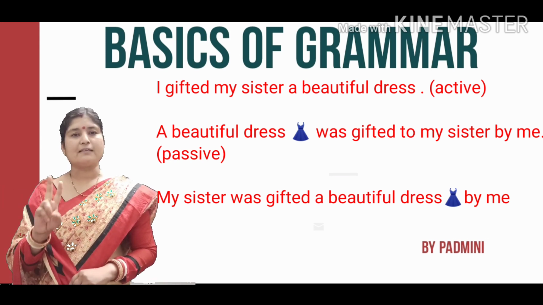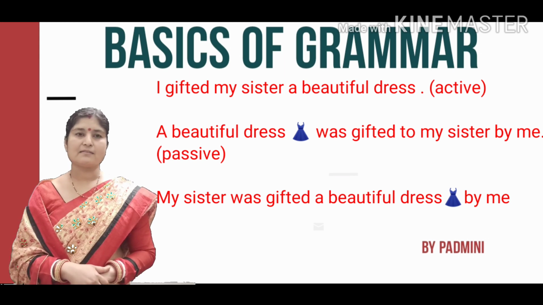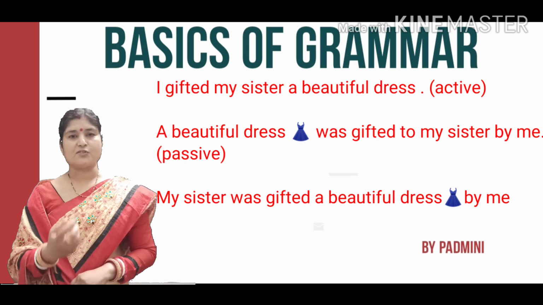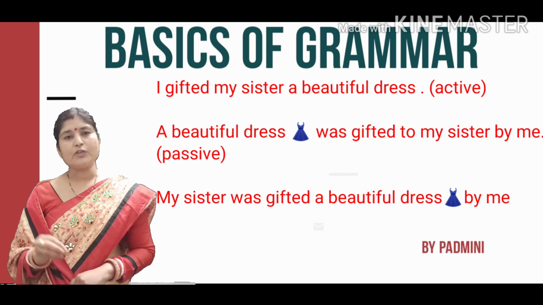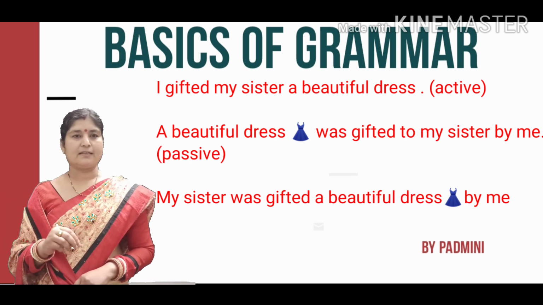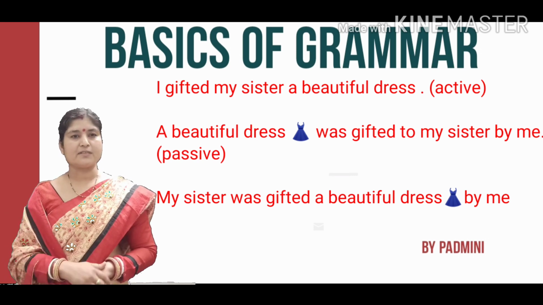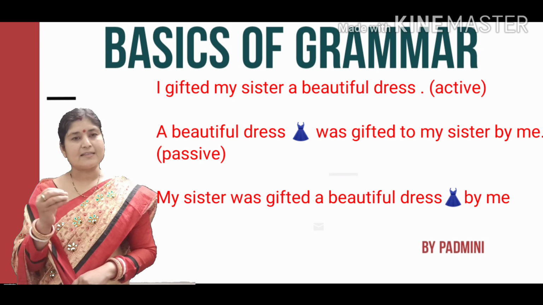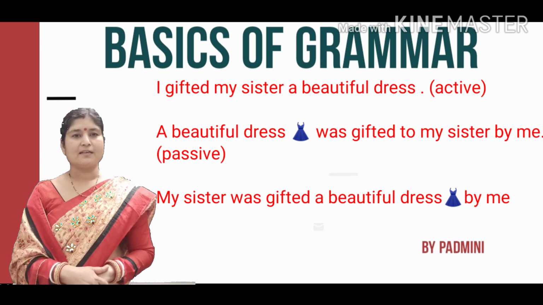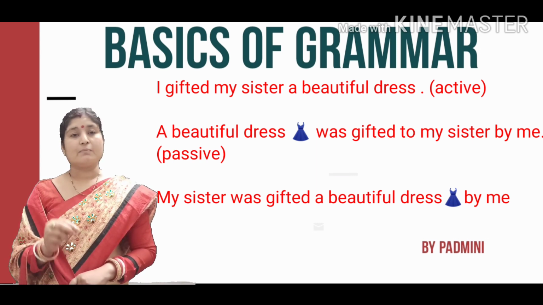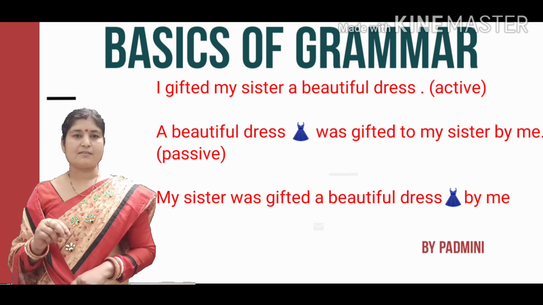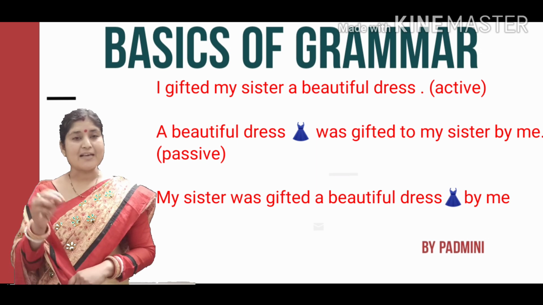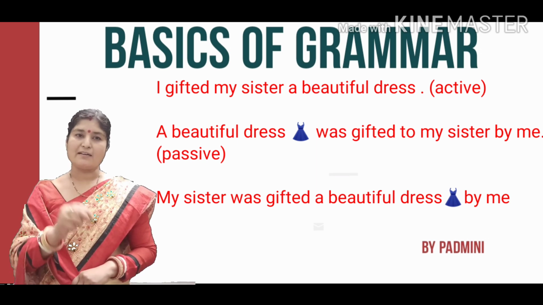Here two objects are there in this sentence: a beautiful dress and my sister. When we talk about the thing, that is known as the direct object, and when we talk about the person, that is known as the indirect object. So a beautiful dress is the direct object and my sister is the indirect object.